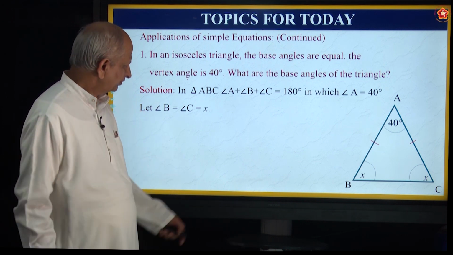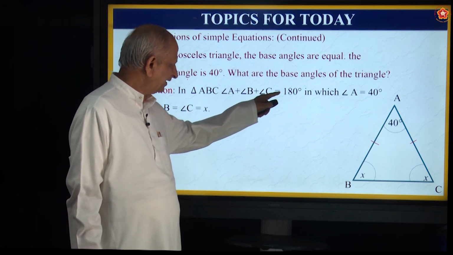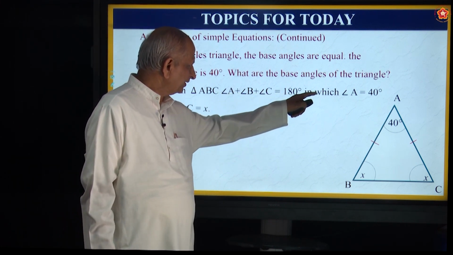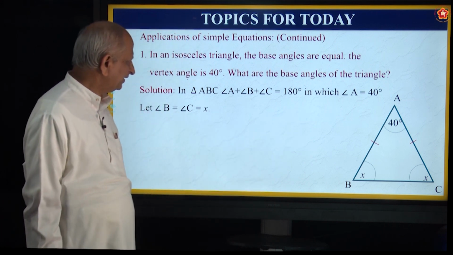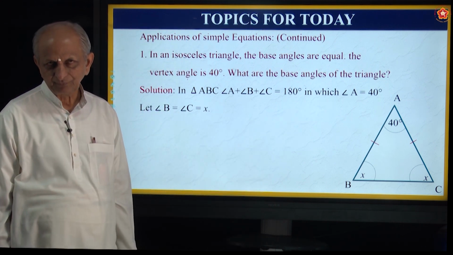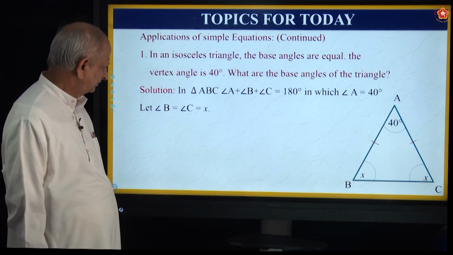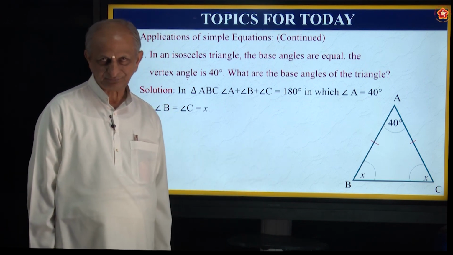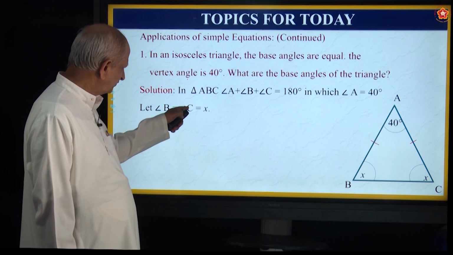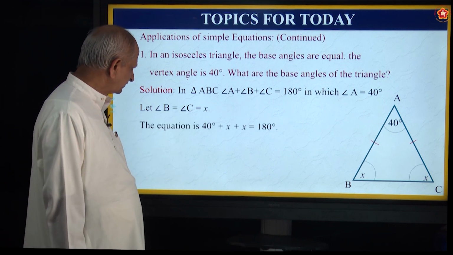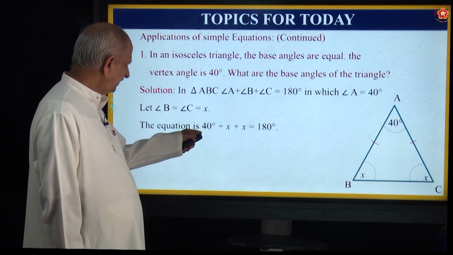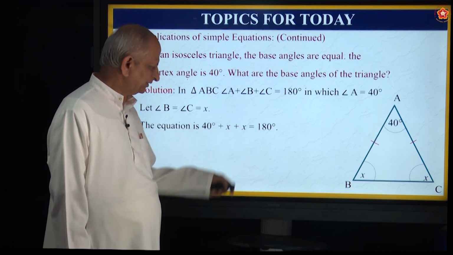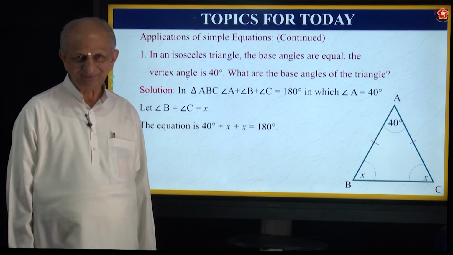Correct? So the sum of the 3 angles of a triangle is 180 degrees, in which A is given to be 40 degrees, already given. Now they are asking for the base angles. So whatever you don't know, call it x. So angle B and angle C are equal to x. So 40 plus 2x is equal to 180 degrees.